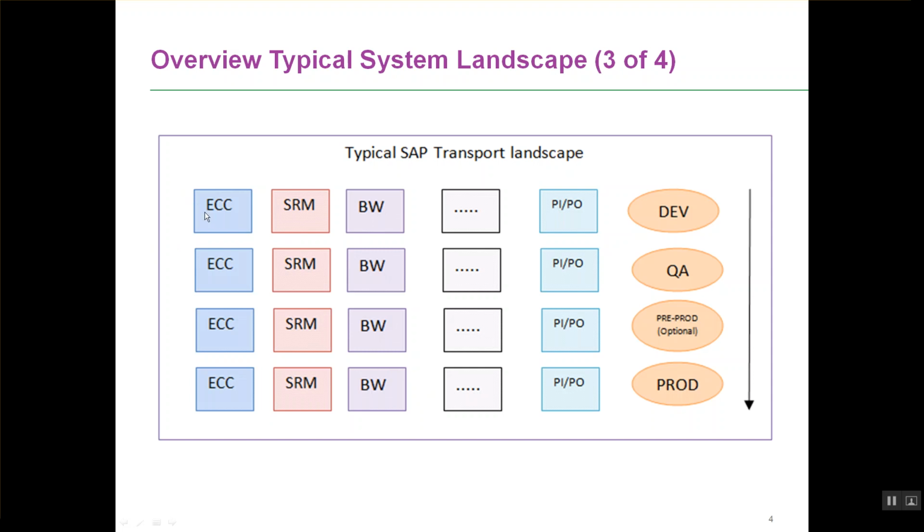It also provides you with what are the various landscapes, basically what is the development landscape, or what are the group of systems in a landscape, what is the development system, what are the QA systems, and it also provides you with another facet, that is the technical facet, where, hey, what physical server is this ECC running on?